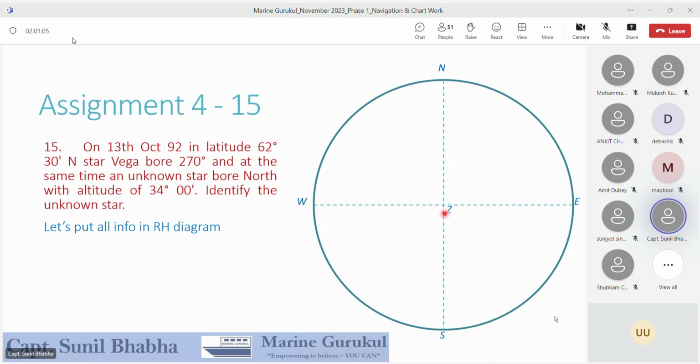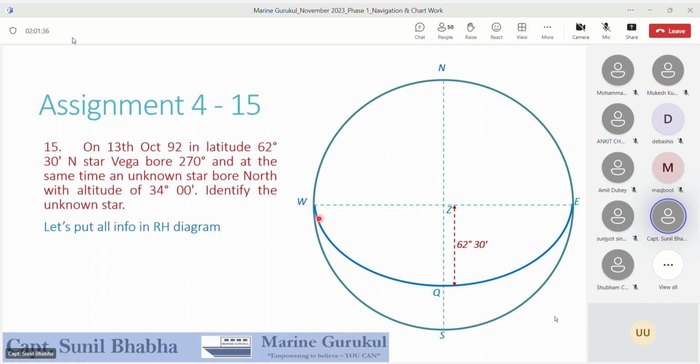Or in other words, the Q point would be south of the zenith. And we know that the arc ZQ represents the latitude of the observer, and this in our case is 62 degrees 30 minutes. So from the zenith I go 62 degrees 30 minutes south, and this is where the equinoctial would pass, and I will have the Q point.